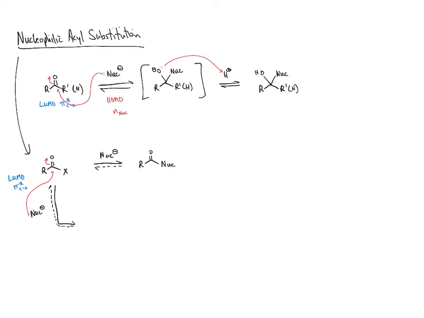The non-bonding pair of electrons on the nucleophile is our HOMO. So the new tetrahedral intermediate will look like this. We have a new carbon nucleophile bond, and then we have an X group. Now this tetrahedral intermediate is quite unstable.